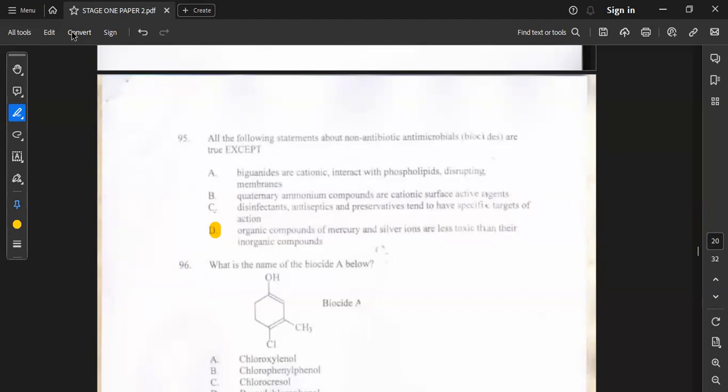Let me see if I can get a summary version of this book. Or you can say at least what you know about preservatives, examples of preservatives. Then we can also look at the surface active agents.